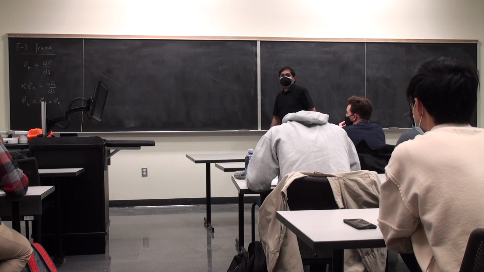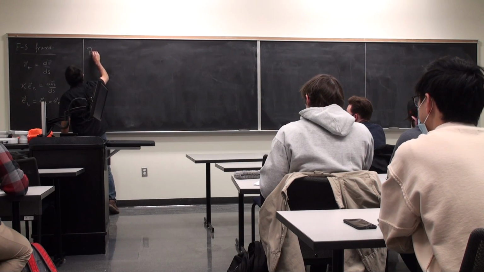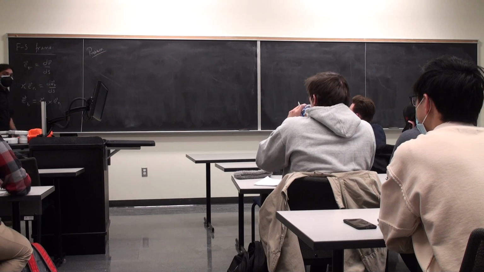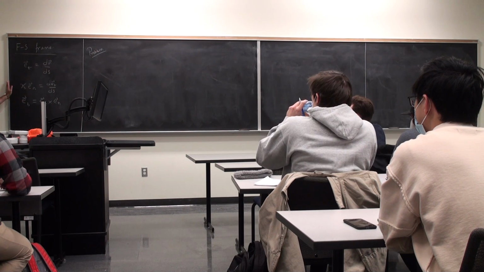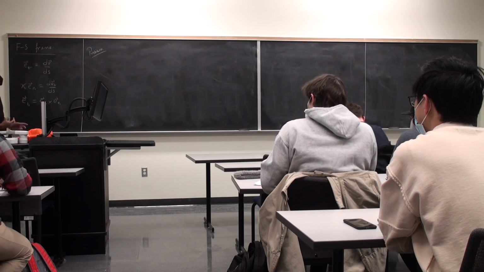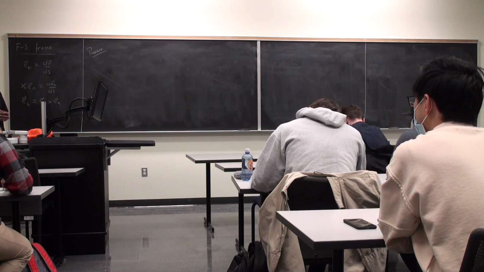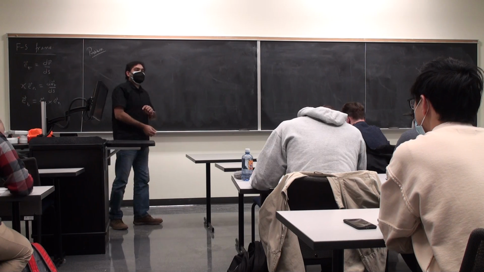So I want to start off with the problem. As I mentioned last class, the use of the Frenet-Serret frame is more so when the path of the particle is already defined for us. Okay? So let's consider a bead on a parabolic wire.